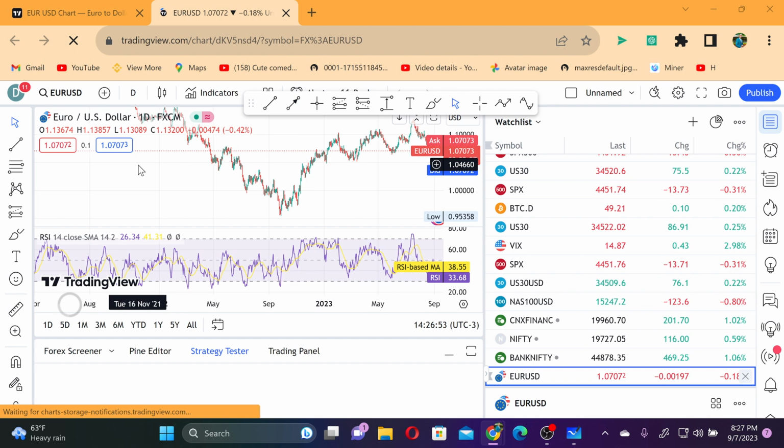So combining the resistance and the Bollinger Band, there's a possibility the Euro USD is going to go from 1.07, where the market is now, to 1.08 over here. That is one of the things we are trying to come up with, talking about technical analysis. Now let's talk about another indicator as we proceed.